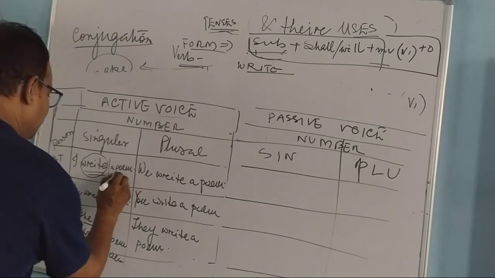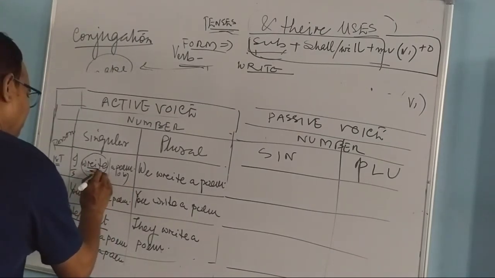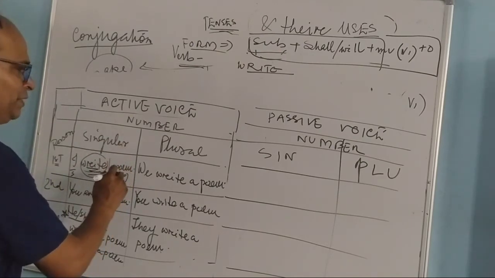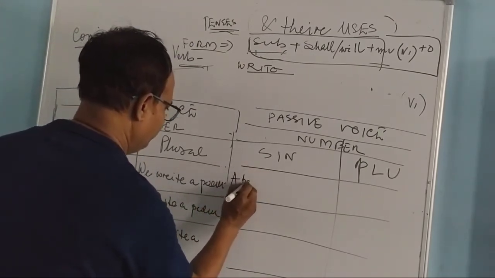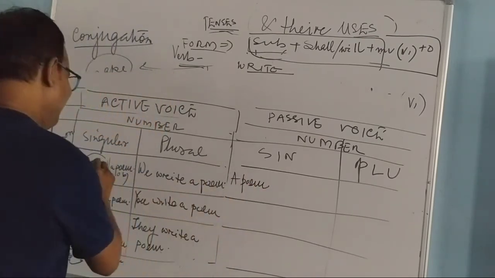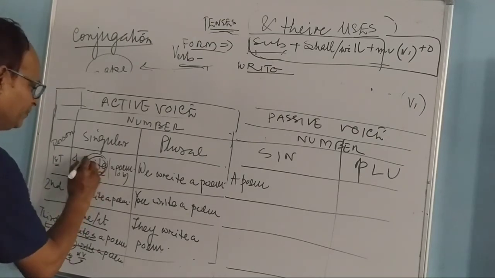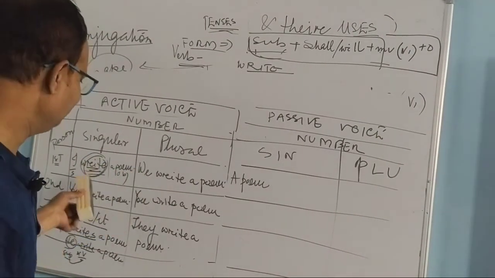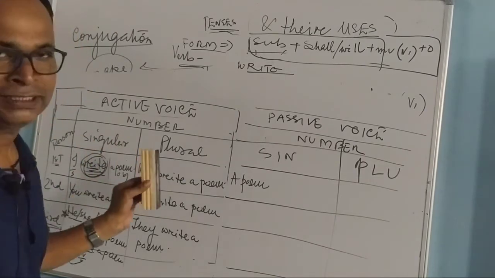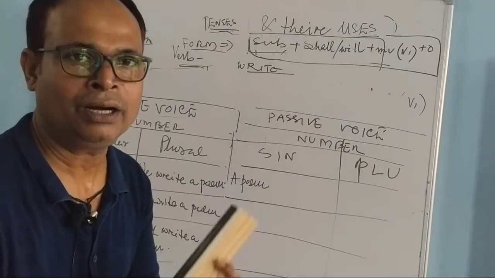So, this is the object here, this is the subject here, this is the main verb here. The object here will be made the subject: a poem. Then you see write. What is the verb here? The verb is in the present tense. Therefore, either it may be is or are.